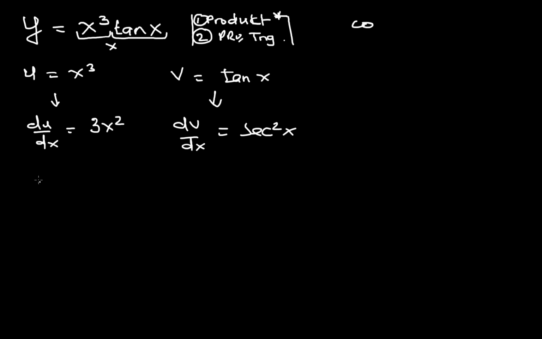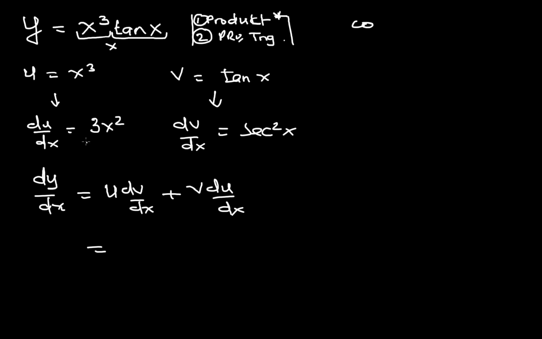Then we have this, so now we just have to remember our formula. This can be in any direction because it's addition, so you can say u dv over dx like that plus v du over dx.